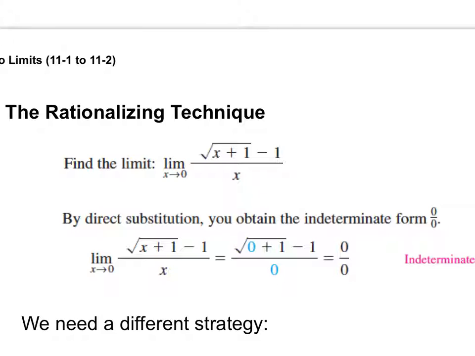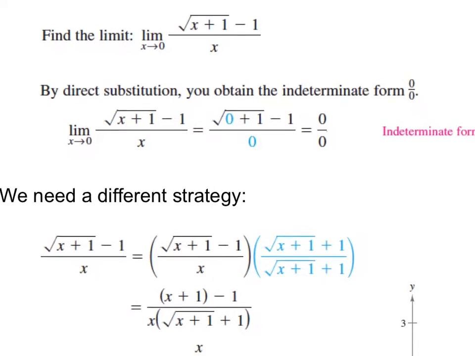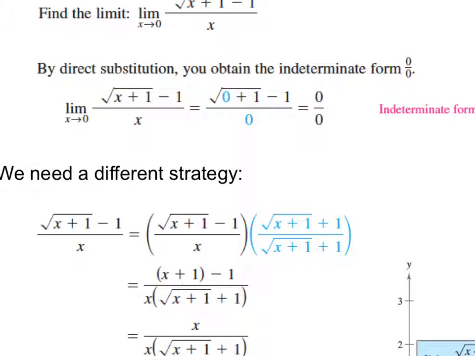Now, in this case here, we have a radical minus 1. So what we're going to do is multiply by the conjugate of that. Alright, we're multiplying by the conjugate. So while it was the square root of x plus 1 minus 1, now we're going to do the square root of x plus 1 plus 1.